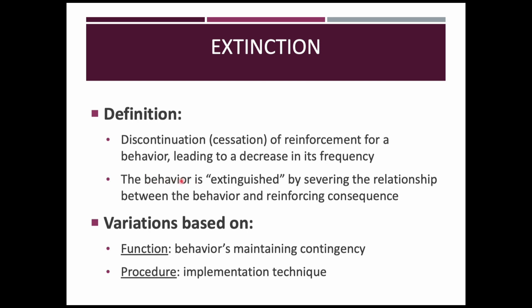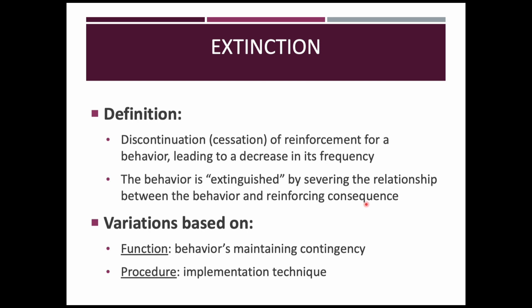That is, if the behavior decreases to 0 and stays at 0, we would say the behavior has been extinguished. And it's extinguished by severing the relationship between the behavior and the reinforcing consequence, right? So if I withhold the reinforcer, essentially what I'm doing is breaking that contingency, the behavior-reinforcement contingency.